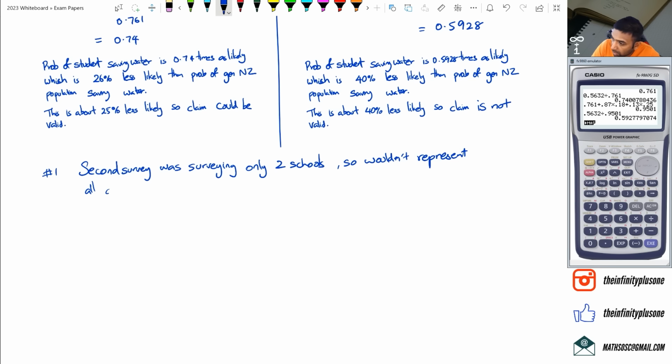Just because, depending on where the schools are, you're going to get completely different answers. The second bullet point is you've got 2 different kinds of ideologies, right?